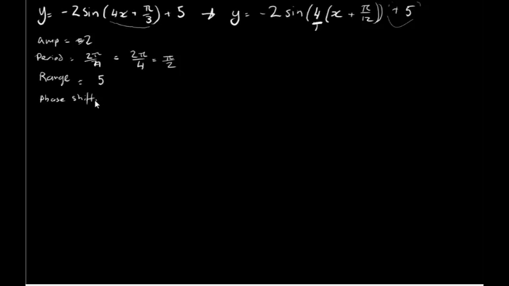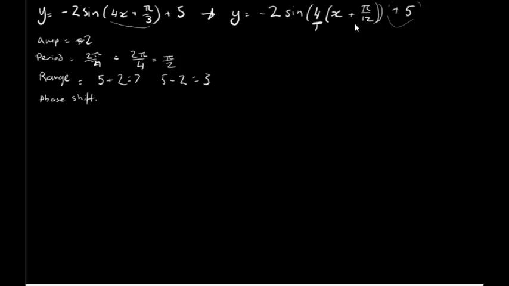So we're going to have 5 plus 2, or 5 take 2, so either side of 5. So we get 7 and 3.